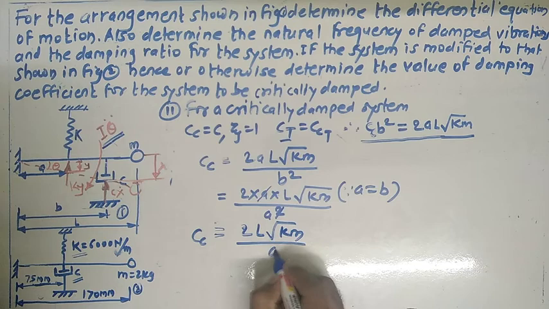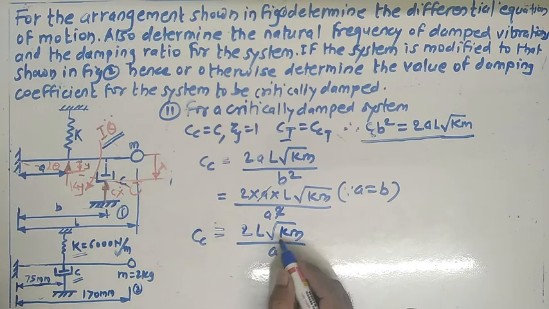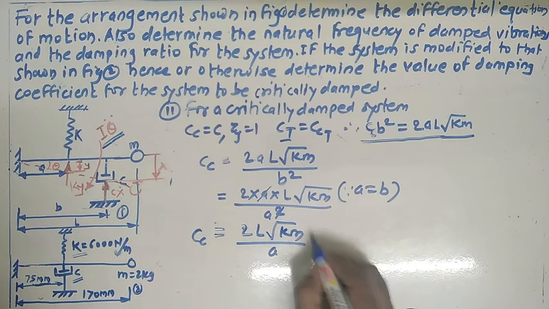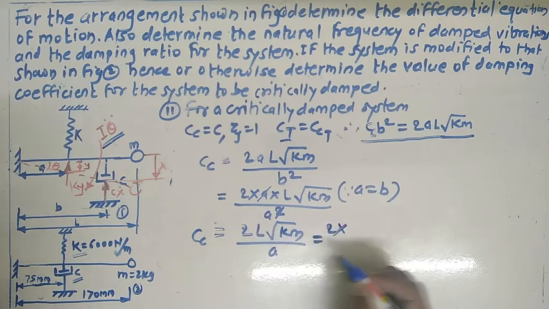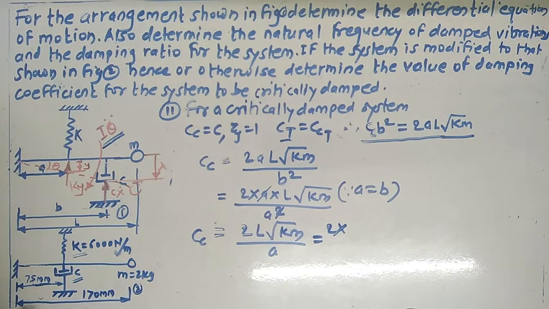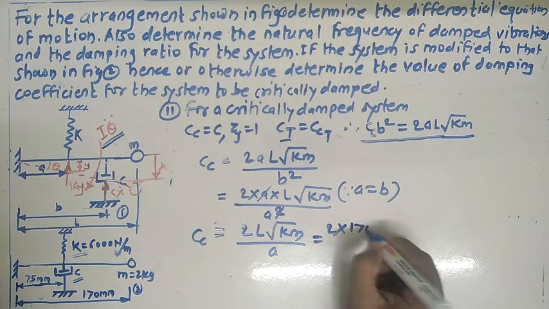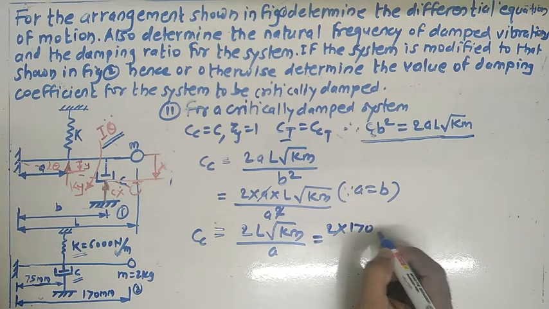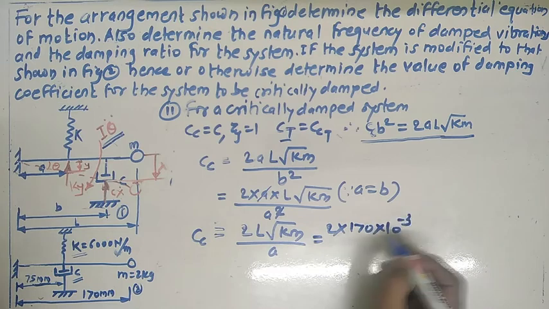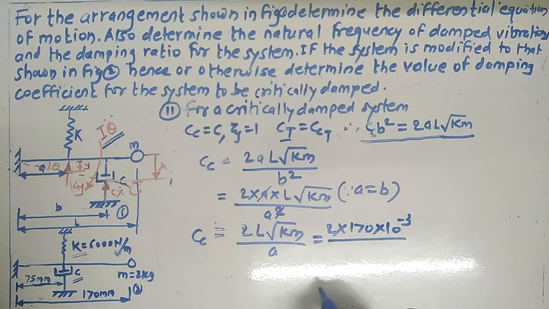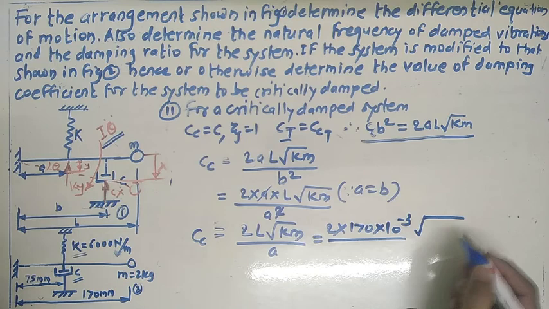All the values are with us. Just substitute: 2 multiplied by l. The length of this pendulum is 170 mm, converted to meters by multiplying by 10 raised to minus 3, multiplied by root of k into m.